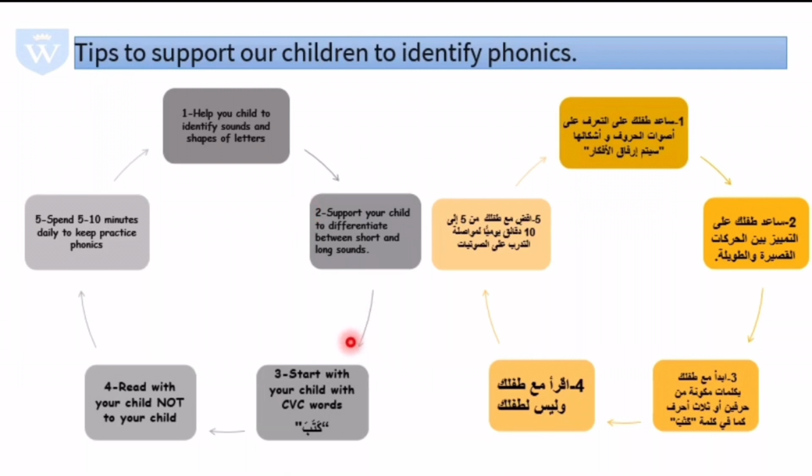The third, start with CVC words like kataba or darasa, and there is some attached resource to help your child do this. The fourth step, read with your child, not to your child. And the fifth, spend 5 to 10 minutes daily to keep practicing phonics.